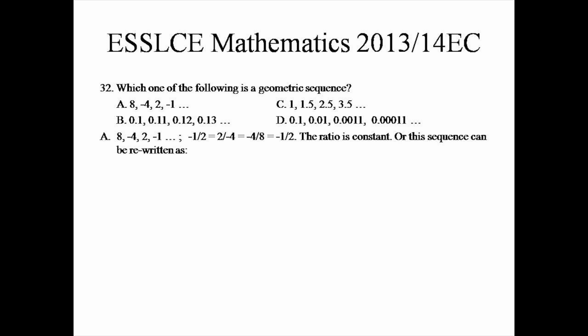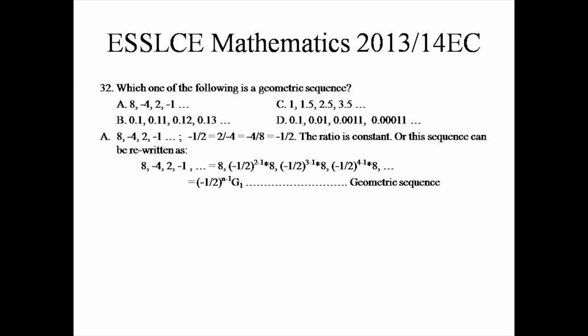Or this sequence can be rewritten as the first term 8, then negative 1 over 2, the common ratio, to the power of 2 minus 1 times 8, the third term is negative 1 over 2 to the power of 3 minus 1 times the first term 8, and the fourth term is the common ratio, negative 1 over 2, to the power of 4 minus 1 times 8. This can be rewritten as negative 1 over 2, the common ratio, to the power of n minus 1 times the first term g1, which is the formula of a geometric sequence.